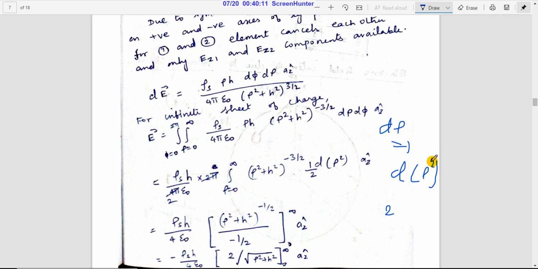So the extra term 2 into rho into d rho should come, right? So this 2 is the extra term, and this rho is already here. This extra term is going to be compensated by the 1 by 2. That's why we are getting this 1 by 2 d rho square.